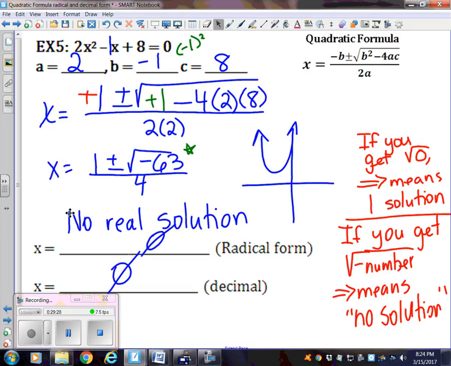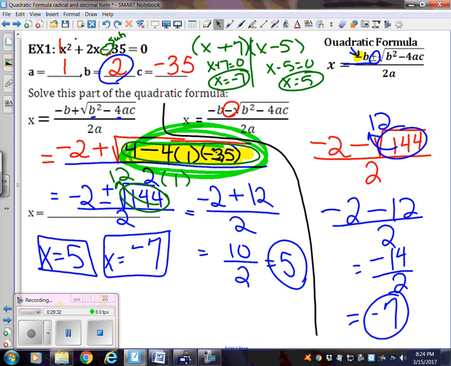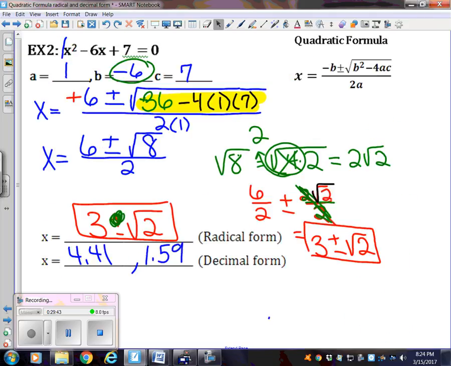Going back to example 1, if you have an equation that does have 2 solutions, that does factor, that gives you nice perfect answers like 5 and negative 7, you see when it's really the most helpful is when I have solutions that are decimals that I could never probably get on my own, because that would be crazy.